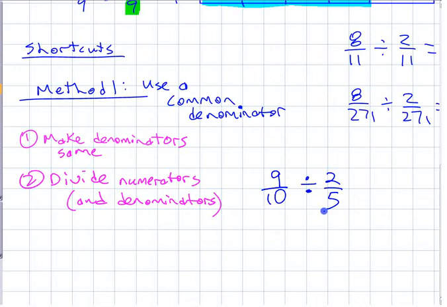Okay, 9/10 divided by 2/5. That's one where the denominator is not the same, right? How could we rewrite this question so that the denominators are the same? How could you rewrite it?